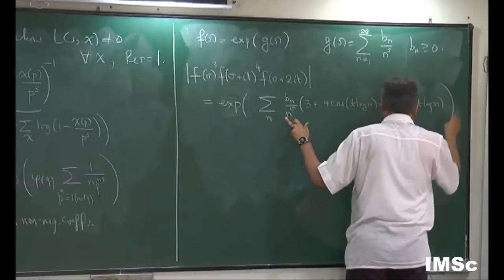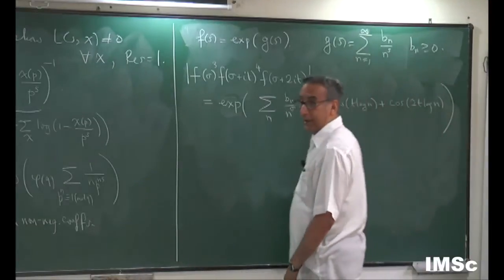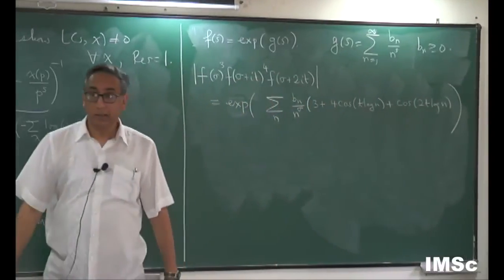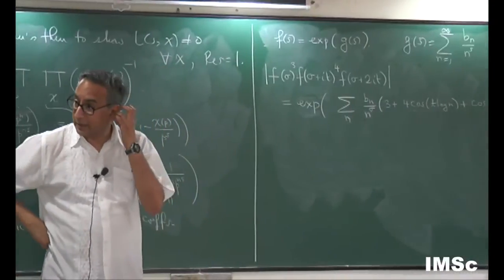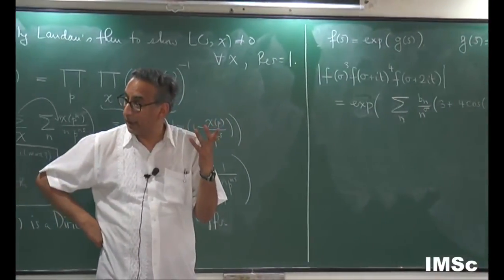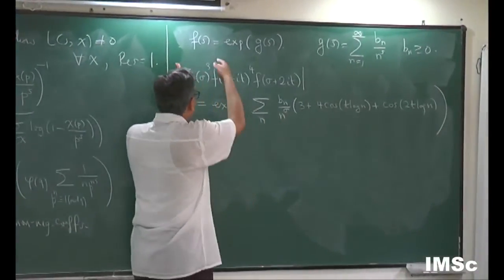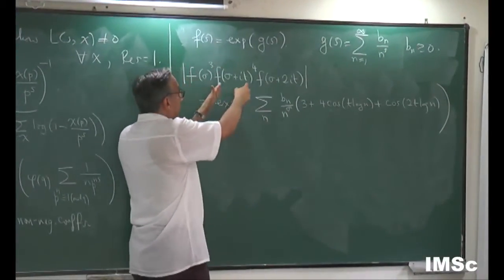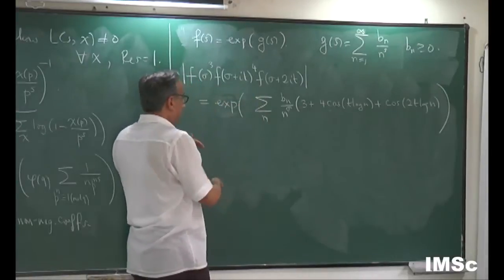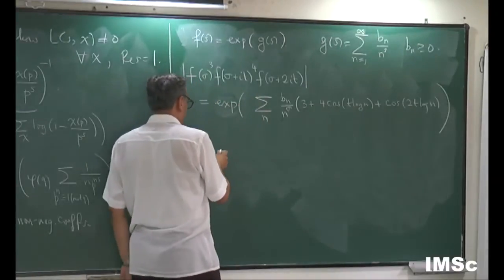So that's what that is. Does everyone see this? Because that's exactly what we did in the Riemann zeta case. In the Riemann zeta case, we also had that when we take the absolute value of this complex number. What am I saying here?